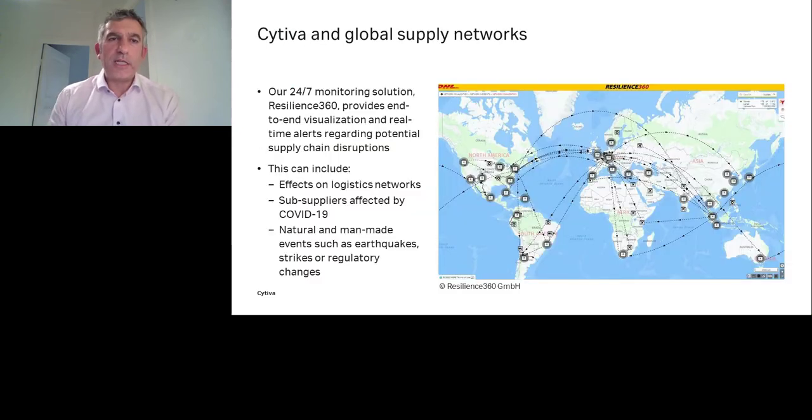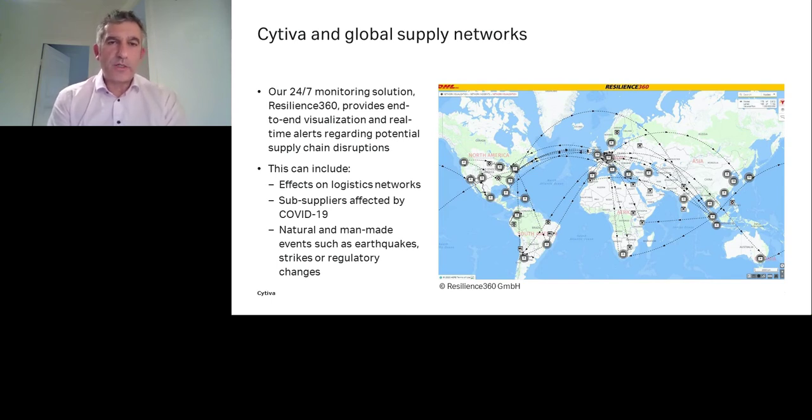So in addition to the Sourcing Risk Finder tool, we also use a 24/7 continuous incident monitoring solution that's provided by Resilience 360. And this provides end-to-end visualization and real-time alerts regarding potential incidents that may disrupt our supply chain.